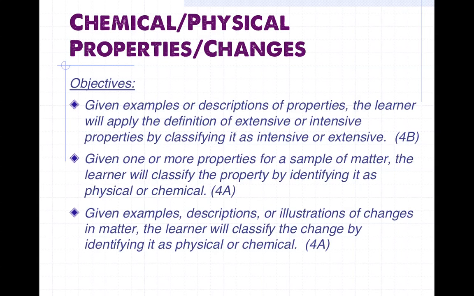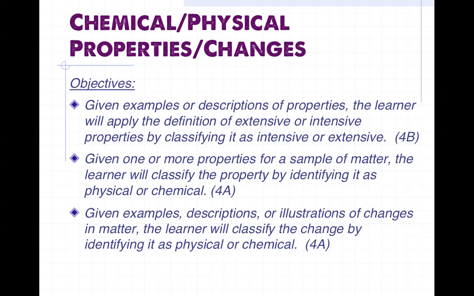So, first of all, here are your objectives that you are expected to know and learn by the end of this unit. Objective 1 is that you, the learner, will be able to apply the definition of extensive or intensive properties by classifying a property as either intensive or extensive.